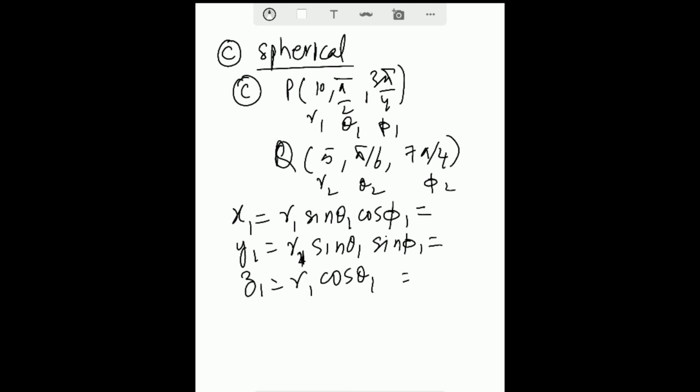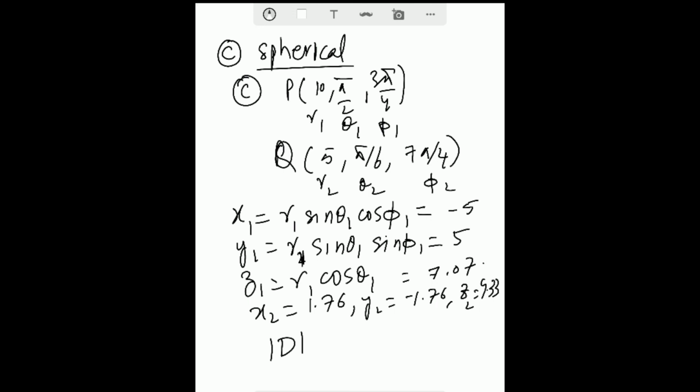These values, if we calculate them, come out to be minus 5 and 7.07, and similarly x2, if we put these values, comes out to be 1.76, y2 equal to minus 1.76, and z2 is equal to 4.33.